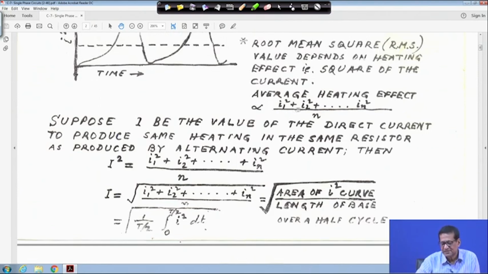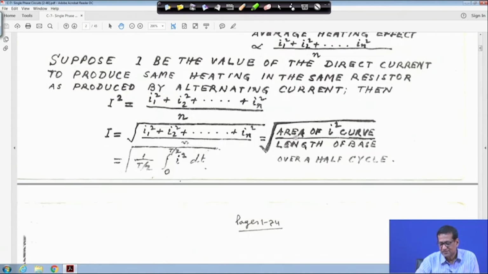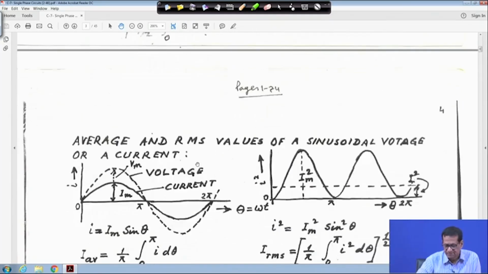So the average heating effect is proportional to this, and therefore I square is I1 square plus I2 square plus In square upon n, and I is equal to the square root of I1 square plus I2 square up to In square by n, which is the square root of the area of the I square curve by the length of the base over a half cycle. So this is basically the square root of 1 upon t by 2, integral from 0 to t by 2 of I square dt, right.